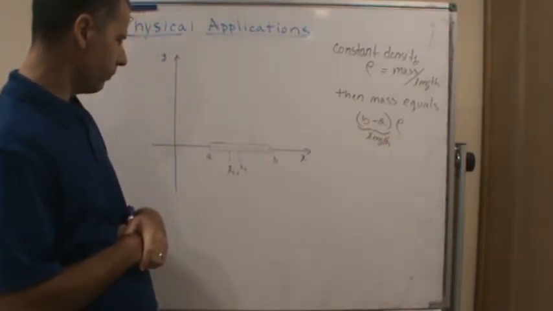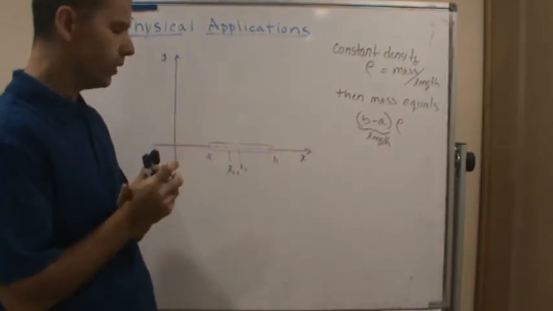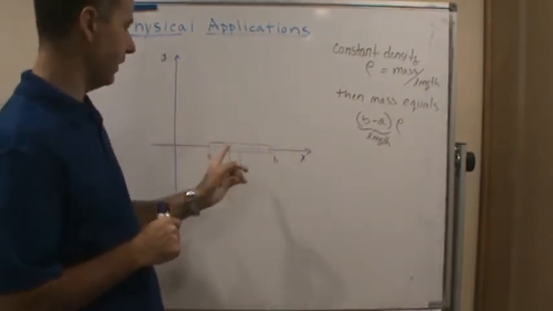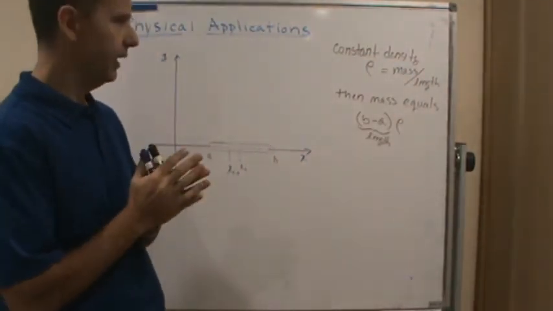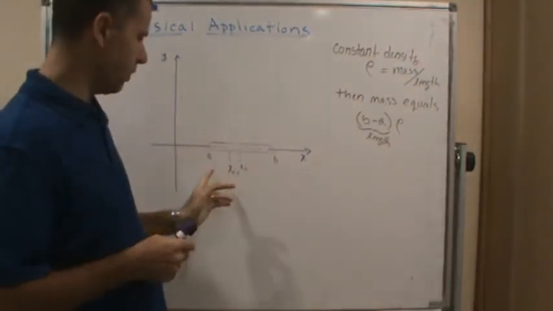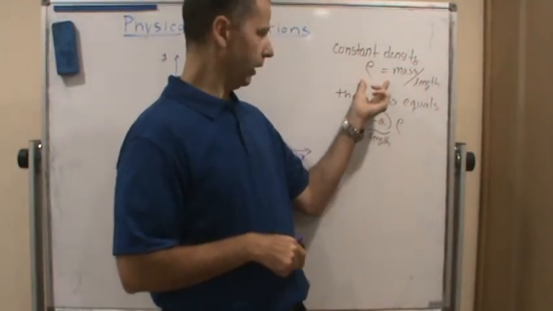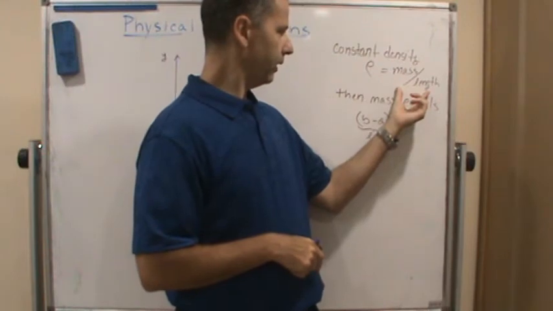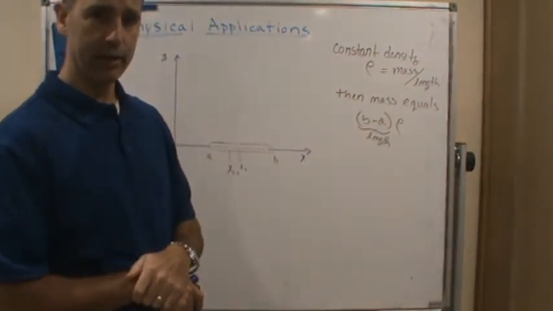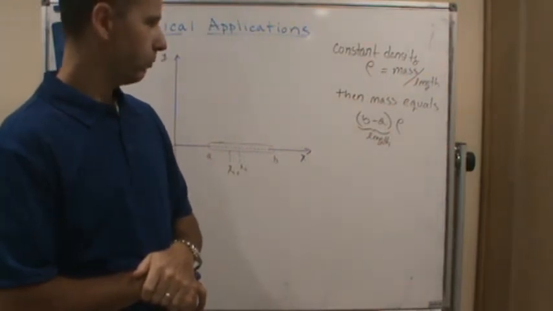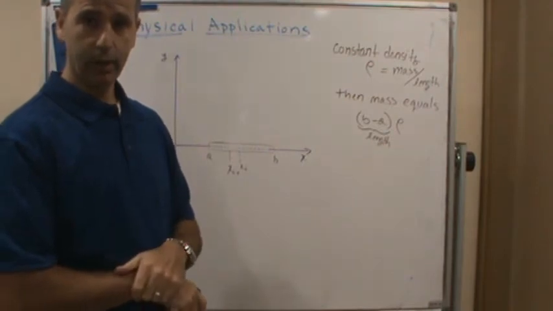then we can find mass by first using density as rho, so constant density. We're going to assume for a moment constant density. If the density is constant in the rod, then rho is just mass divided by length, the mass per unit length.